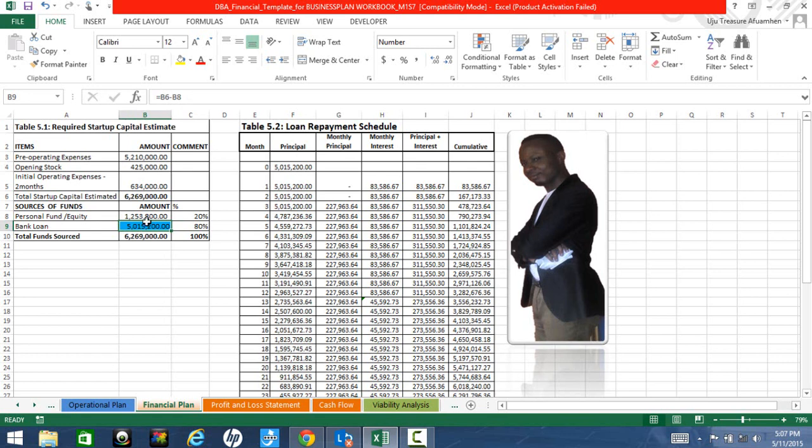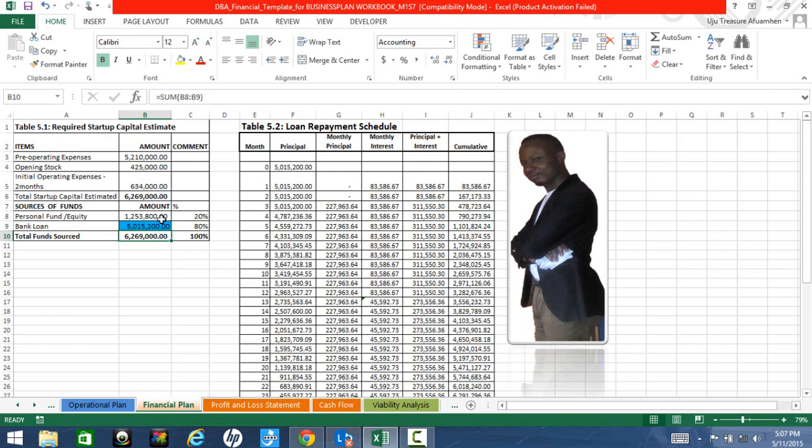To get this is just the difference between the total startup capital and your personal fund. That's what gave us this, which is equivalent to 80%. So when you add a personal fund to your bank loan, it's going to tell you the total fund sourced. I hope that makes sense.